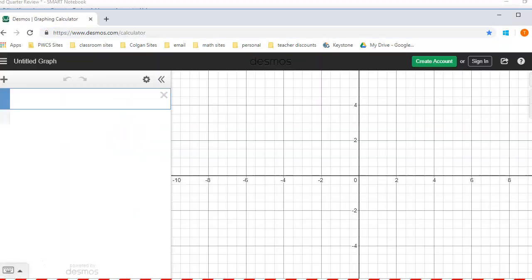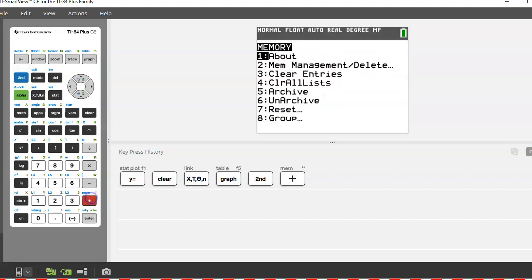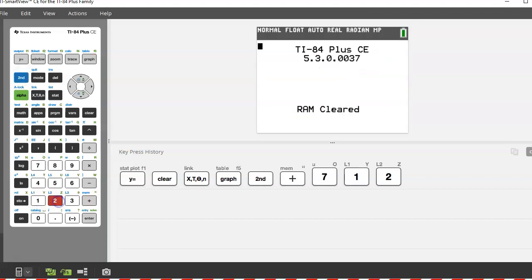You would go into your plus, add a table, and put those values in. Those of you using your calculator, you may need to clear out your graph. So reset your calculator really fast. Second plus 712.